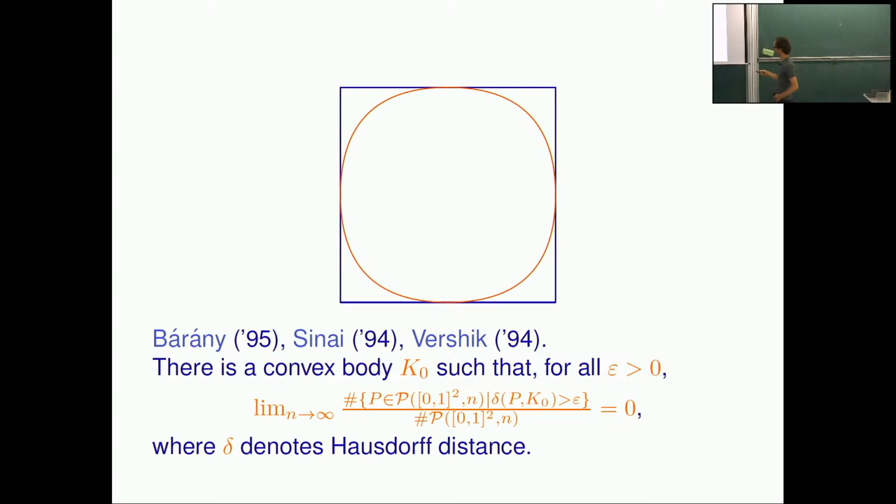And the answer is yes, and this is what motivated the more refined bounds on the number of lattice polygons that I mentioned earlier.